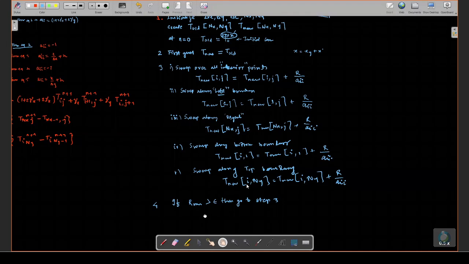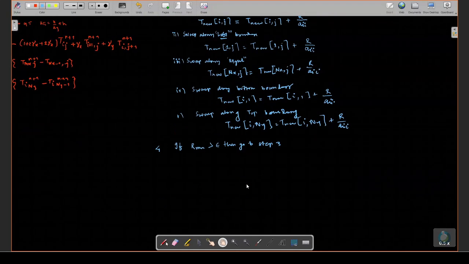Once this criteria is met, then number 5: if RMS is less than this, then print the values. That is our solution. So print T new ij. Whatever T new values are there, you just print them.